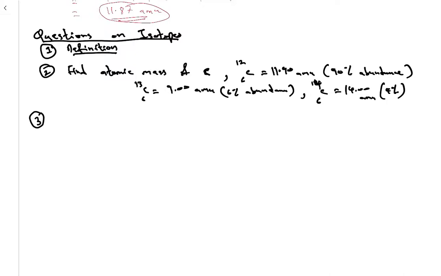So for example, they may say the atomic mass of, say, an element X is 20.1 AMU. Okay, this is the atomic mass. It has 2 isotopes.